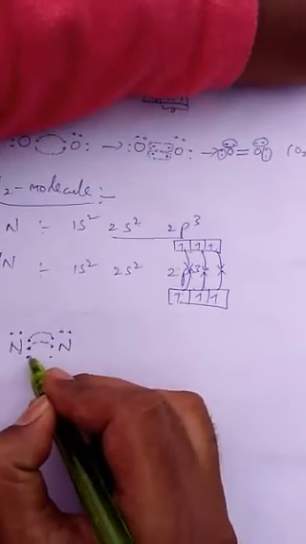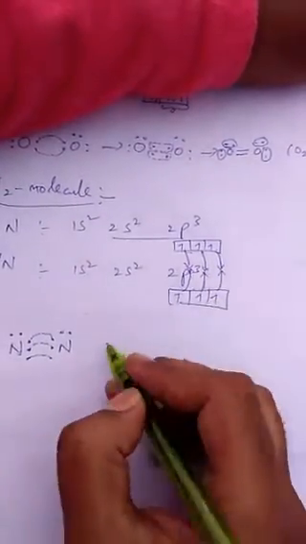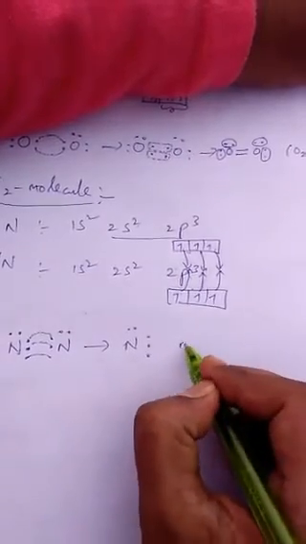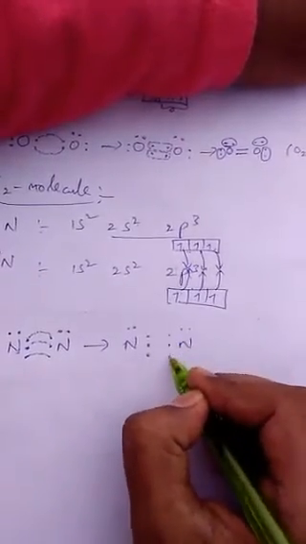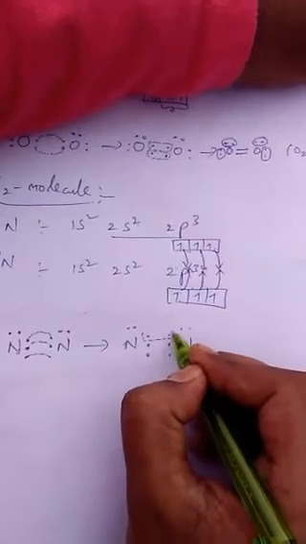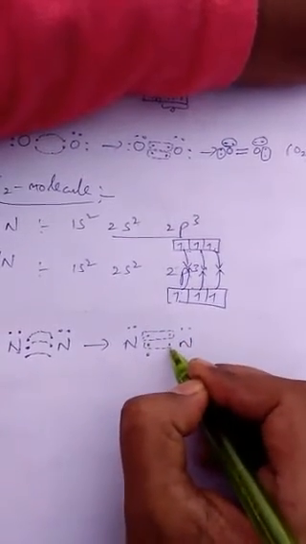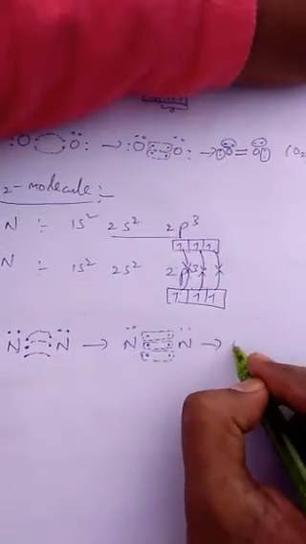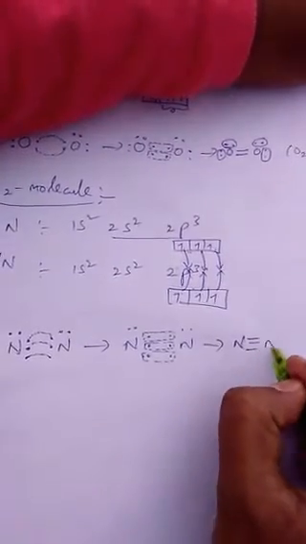Next, the second bond is formed between these 2 electrons. Next, the third bond between these 2 electrons. So this is a partial representation: first bond, second bond, third bond. In total the number of bonds is 3.